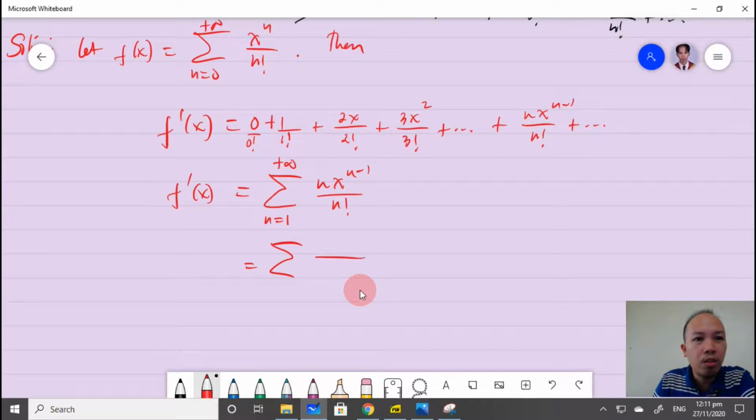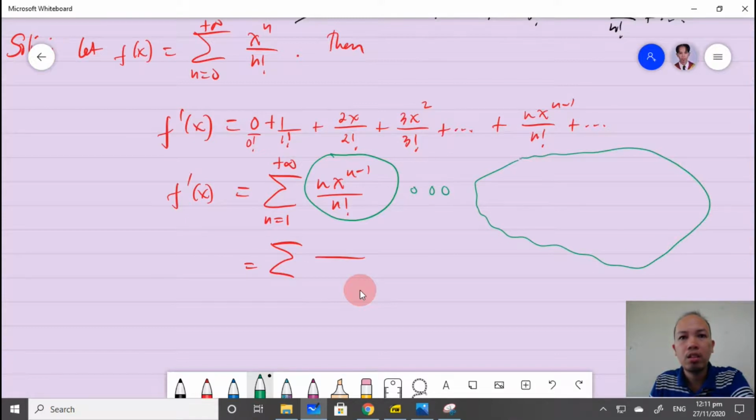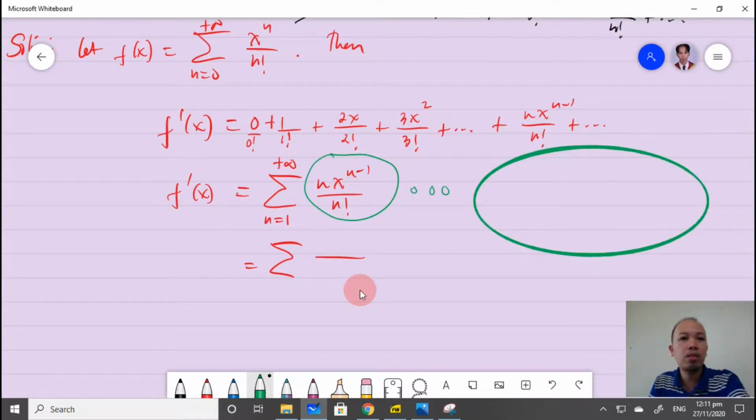Summation of our, maybe we will have this expression there. Let's try to write it as n x to the n minus 1 over n times n minus 1 factorial.